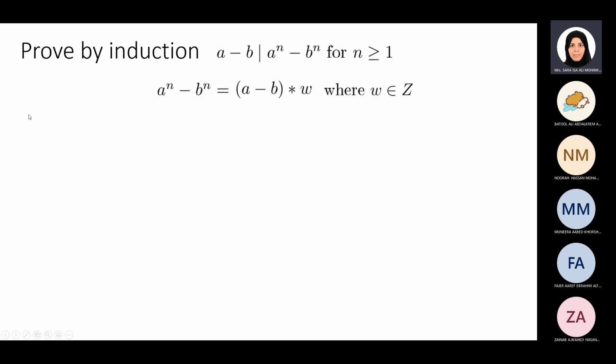Now I will start the inductive steps. The first is the base, where n is equal to 1. From where? From here. I decide that the base is equal to 1. Then I will substitute now. How to solve such kind of problems?